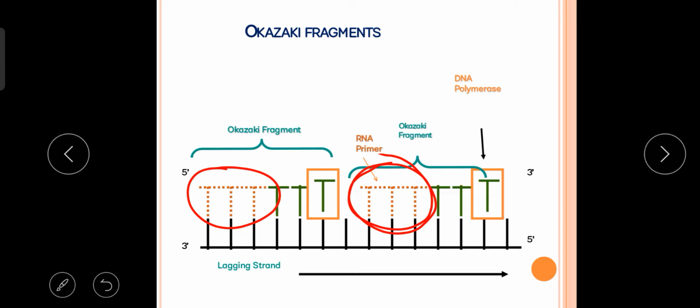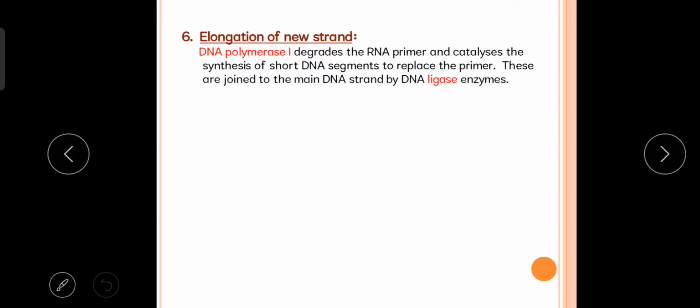Along with the formation of the new Okazaki fragments in the lagging strand, the old RNA primers are removed by DNA polymerase 1, and to fill up these blanks, the DNA polymerase 1 can synthesize the short nucleotide sequence of DNA, and these short nucleotide sequences of DNA are joined together with the help of the ligase enzyme. So that is all about the elongation of the new strand.